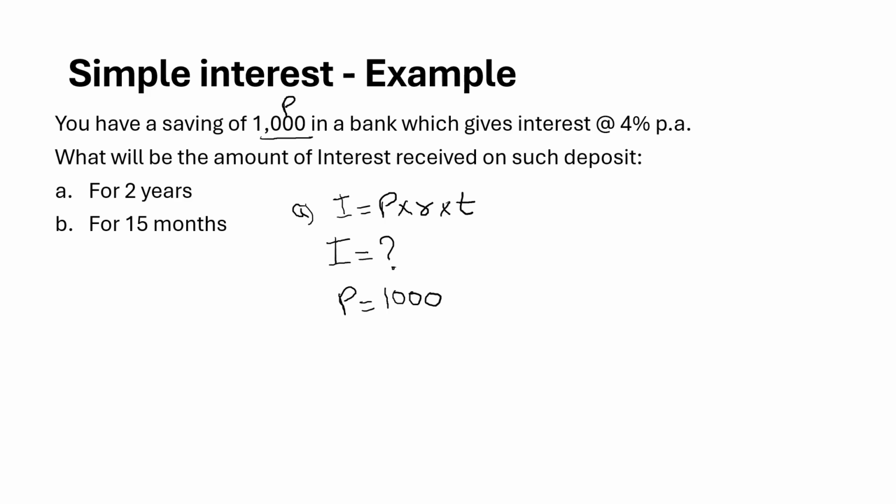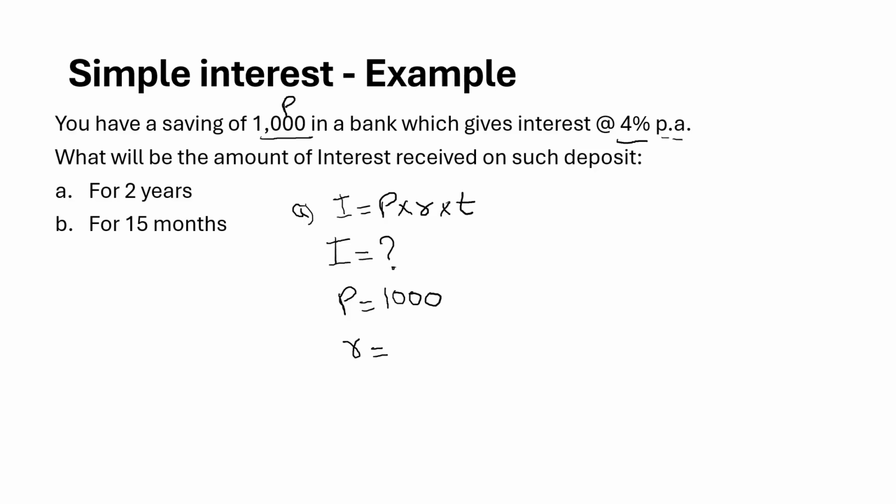Then what is my R? R is the rate of interest. It will be given in percentage. So you see here at a rate of 4% per annum. PA means per annum, which means per year. So how much interest will I be getting? 4% per annum. In 1 year I will be getting 4%.